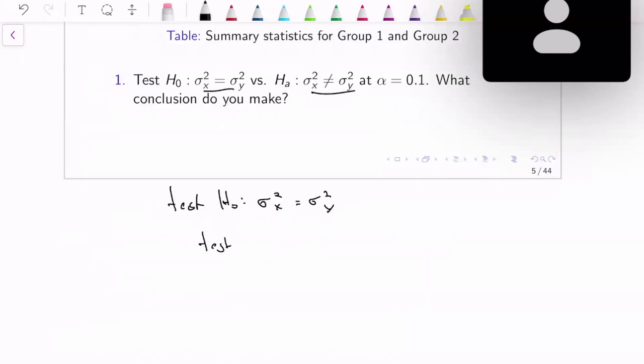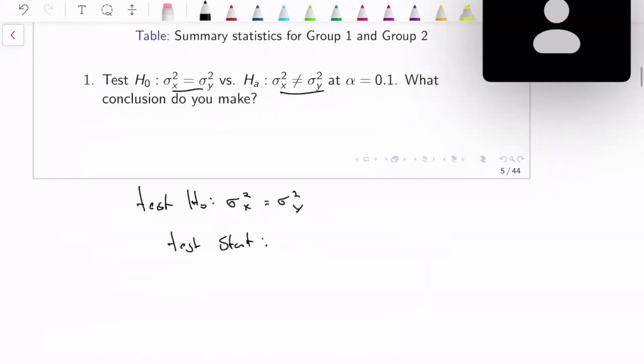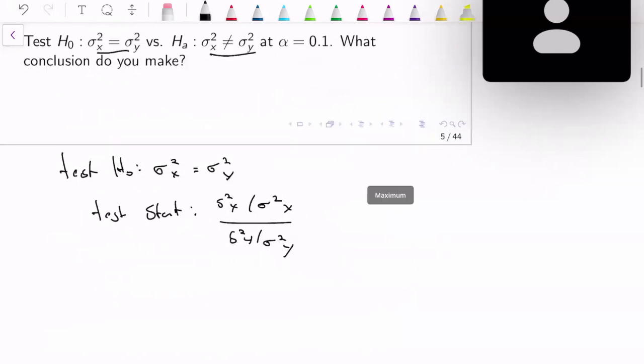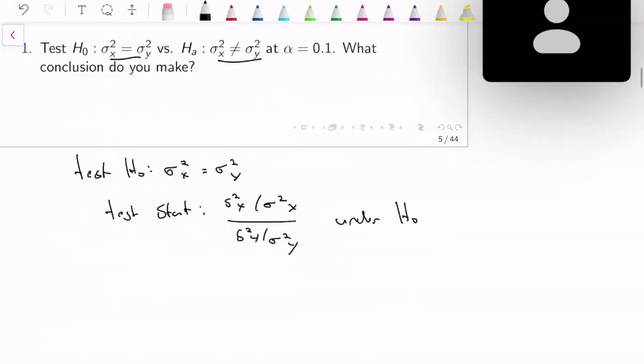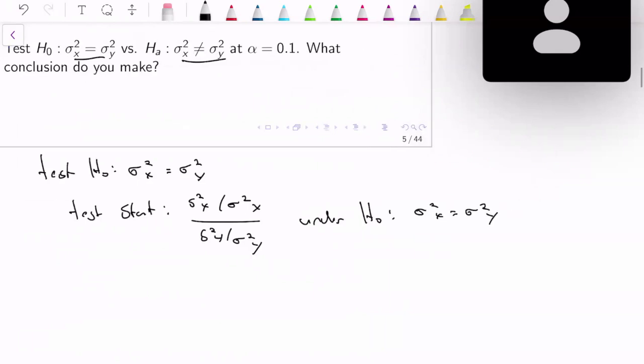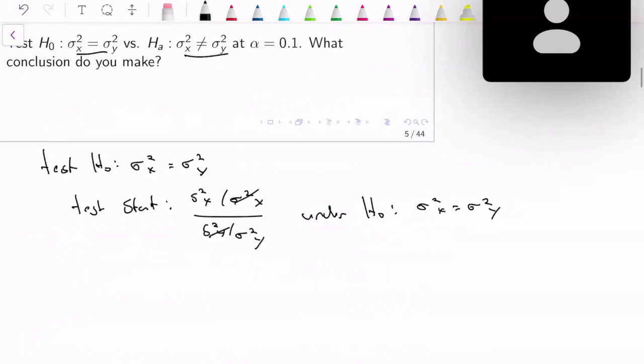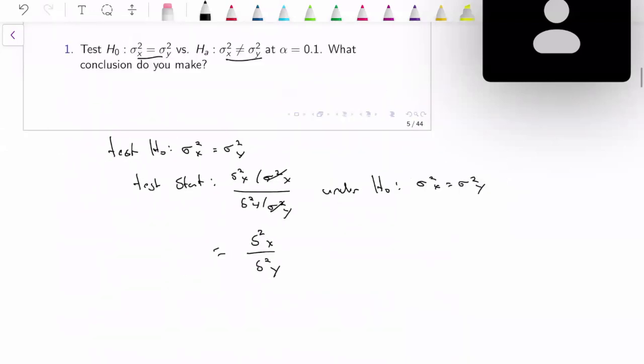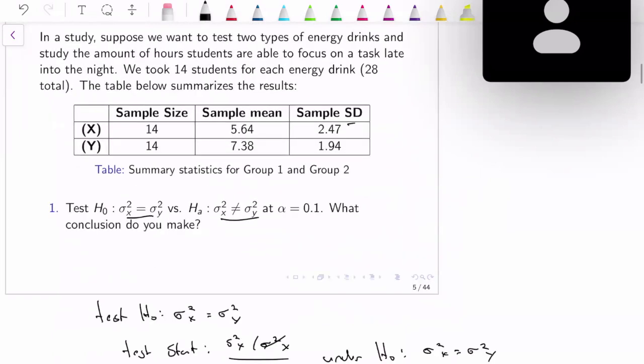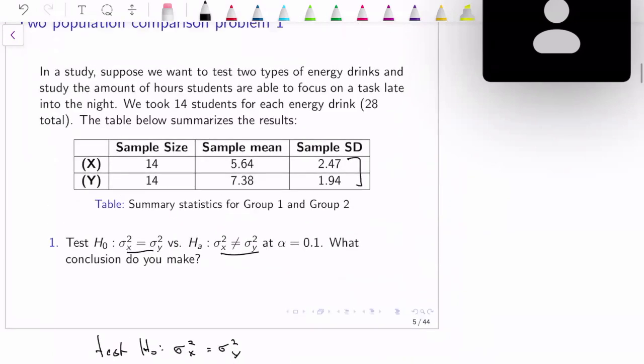So in our test stat, under the null hypothesis, we have that sigma squared X is equal to sigma squared Y. So these two will cancel out, and then your test stat is just S squared X over S squared Y. I gave you the sample standard deviations here, so you're just plugging in values.